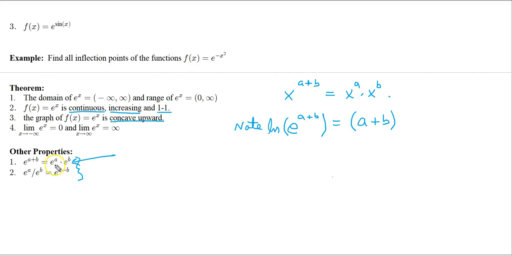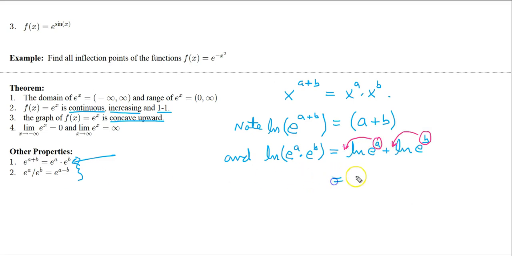And if I take the ln of the right-hand side, well, by properties of the natural logarithm, this is ln of e to the a plus ln of e to the b, and then what we can do is just drop these two exponents down, and we get a plus b again. Remember, the ln of e is 1, so that just goes away.